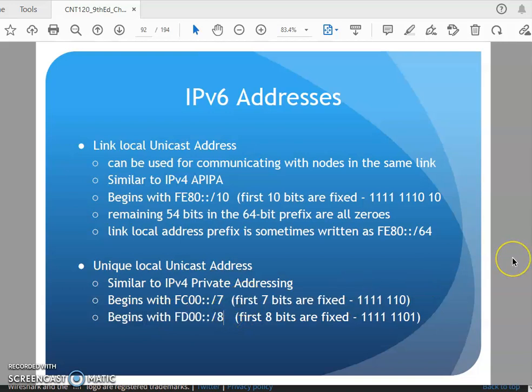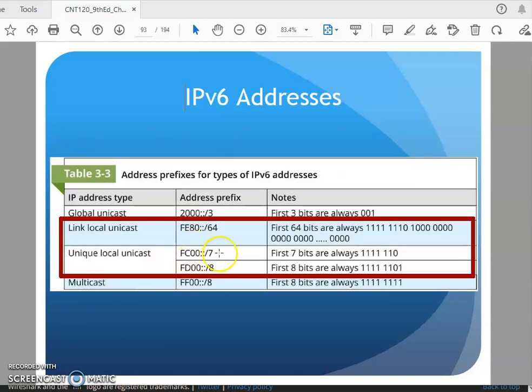You can consider these as your private addressing, if you will. The link local unicast was like a PIPA, automatically privately assigned IP, like the 169.254: FE80. And then these down here, FC00, FD00, would be kind of like private addressing.